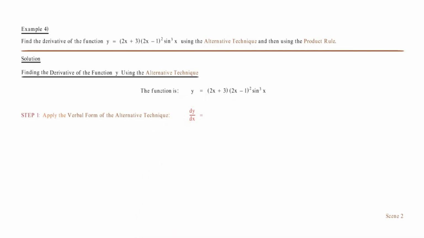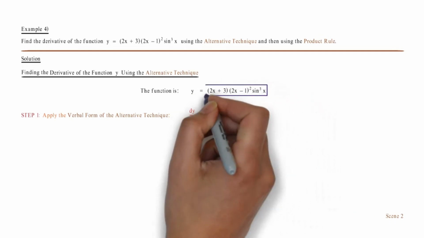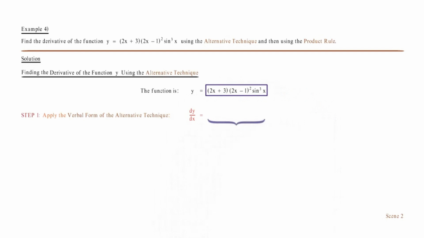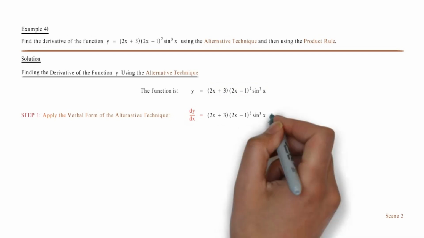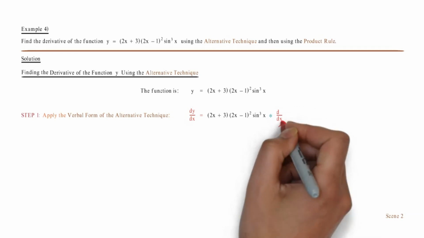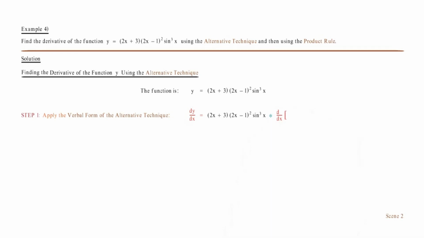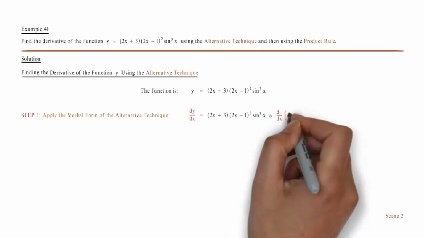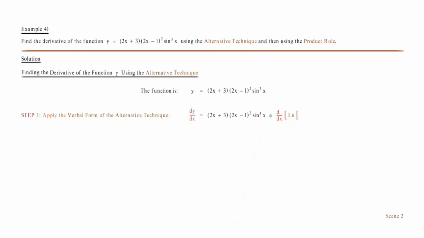The right-hand side of y is this expression, so substitute. Multiplied by is times. The derivative of is d by dx of. The ln of is ln of. The right-hand side of y, as before, is this expression.